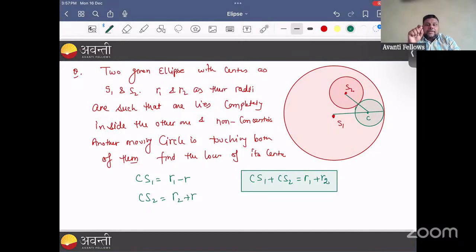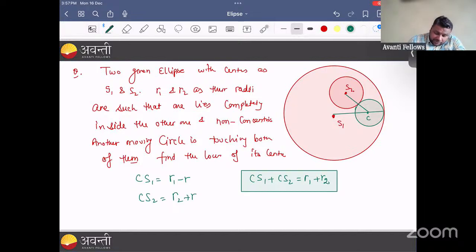And definitely this constant, that is R1 plus R2, is more than the distance between S1 and S2, because the distance between S1 and S2 is even less than R1 minus R2. But CS1 plus CS2 in my case is coming to R1 plus R2.